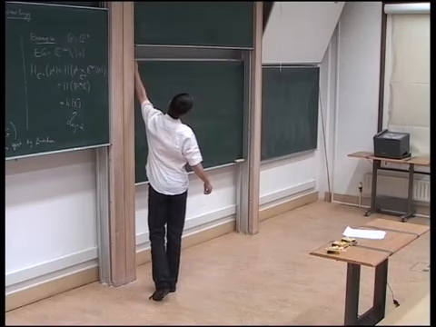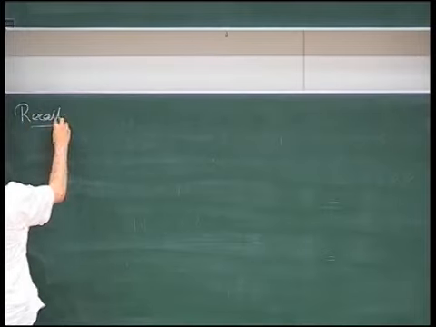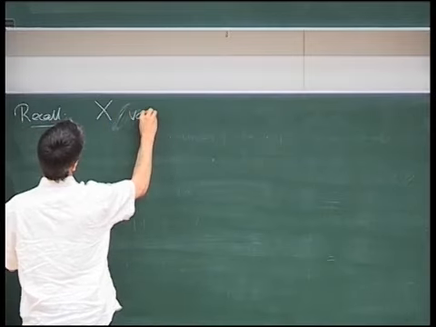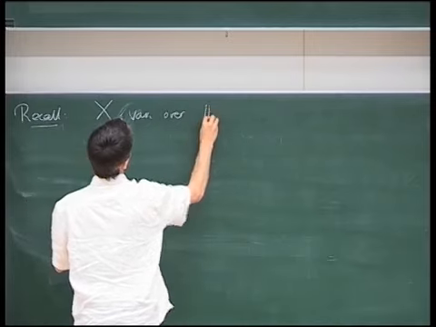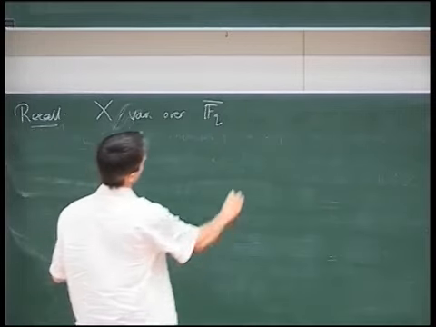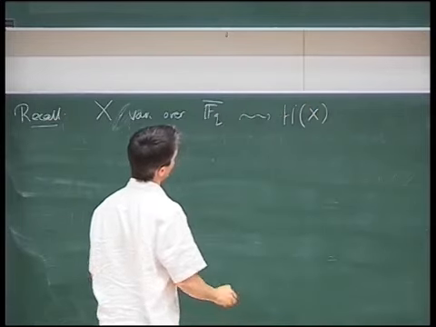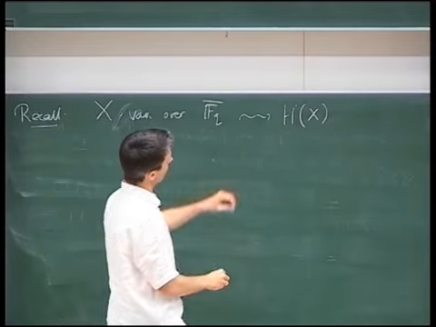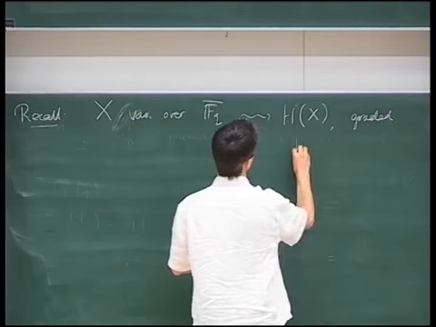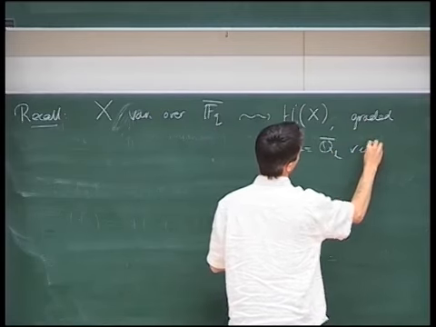So recall, if we have X, a variety over the algebraic closure of F_q, we can consider its étale cohomology. So this is a graded Q_l-bar vector space.